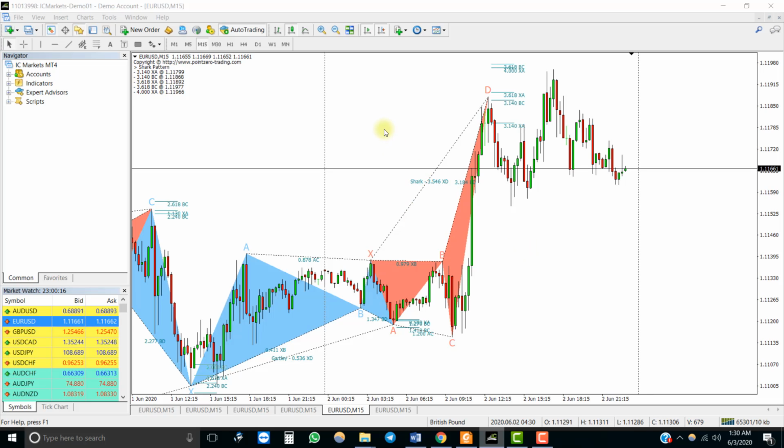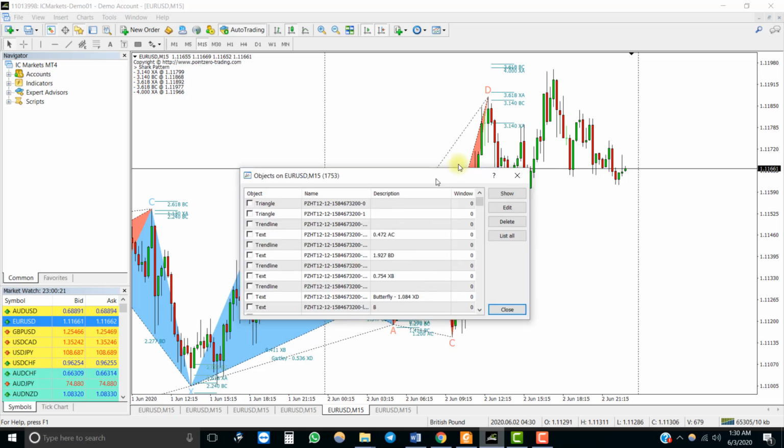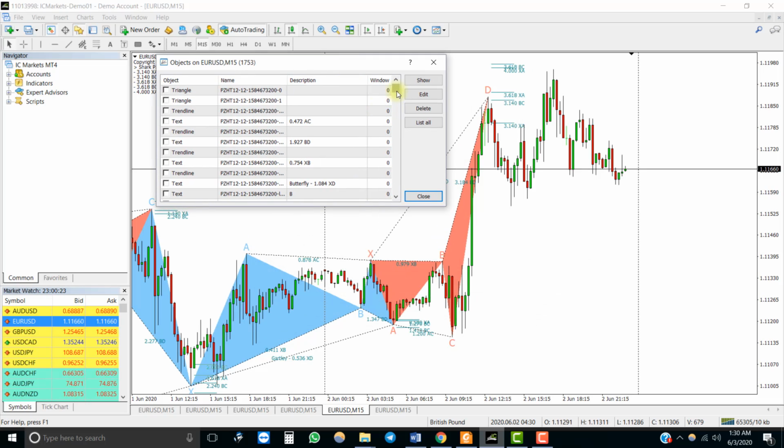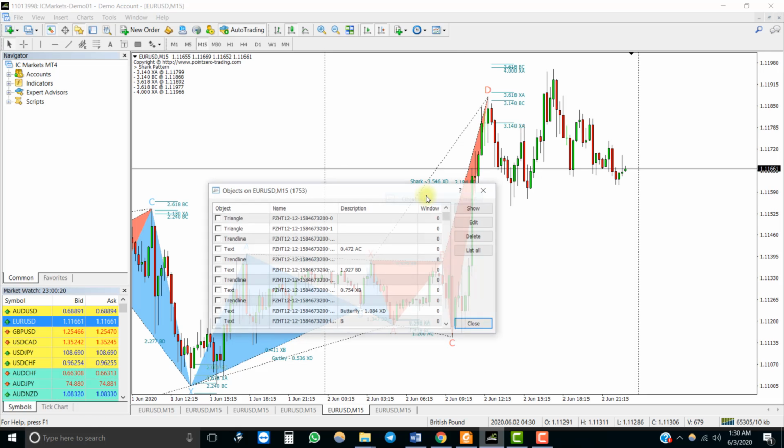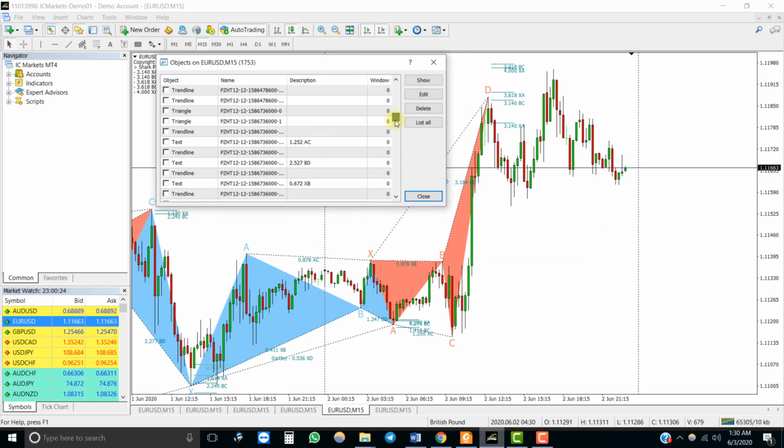buffers or color IDs. Then we need to see if these indicator signals are based on objects created on the chart. If you right click on the chart and then click on the object list, you can see a list of the objects currently on the chart.